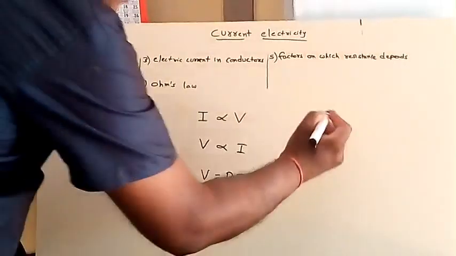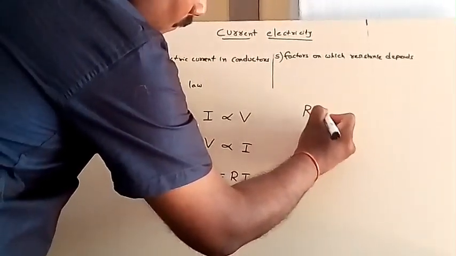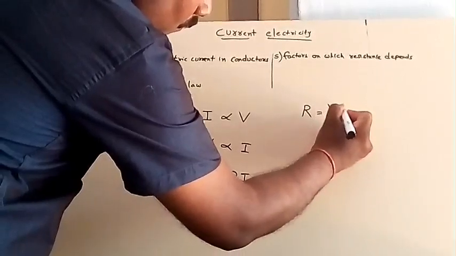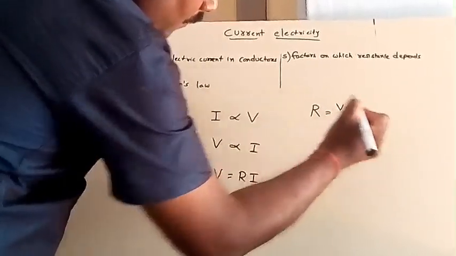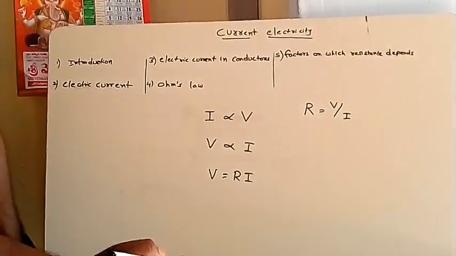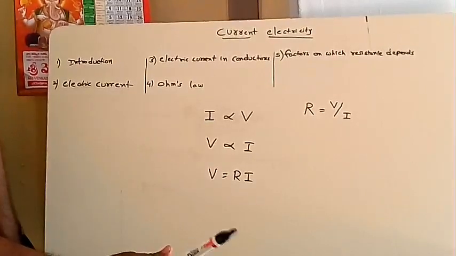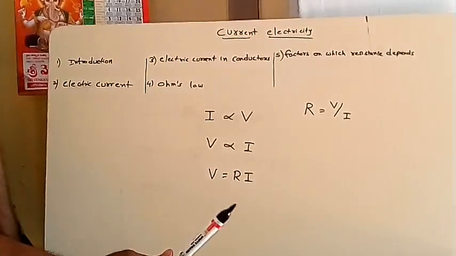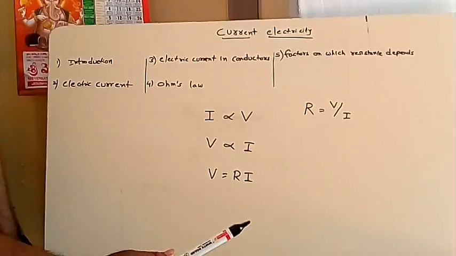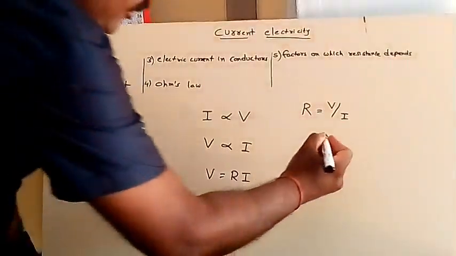Then what is the resistance? It is the ratio of potential difference to the current passing through the conductor. That ratio, we call resistance. What are the units of resistance?